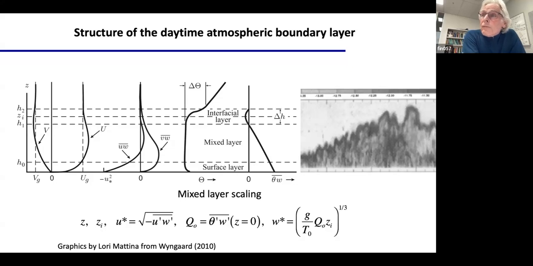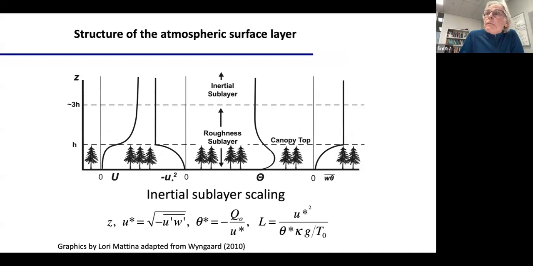Our interest in problems like biosphere-atmosphere exchange focuses initially on the surface layer, but we'll see in this talk, I hope, that to understand what's happening there, we need to understand what's happening all the way through the boundary layer. Looking in more detail at the surface layer, we nowadays divide it into 3 regions. The canopy layer, where the air flows around trees or plants and sometimes around cities, if you're looking at urban canopies.